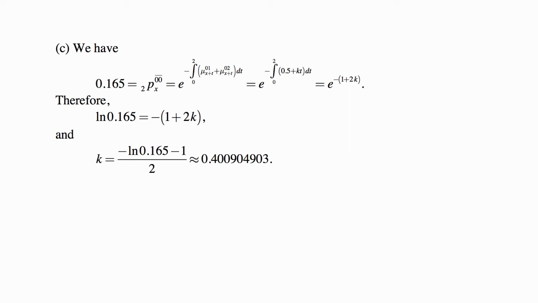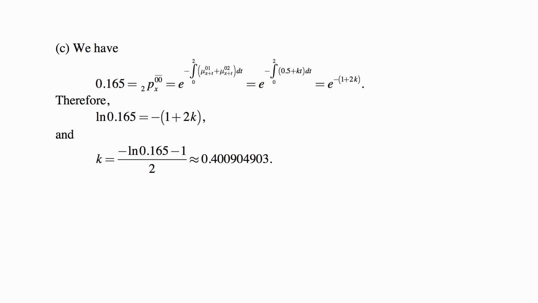So the natural logarithm of 0.165 is equal to minus 1 plus 2k, because when you have an equation in which the unknown, in this case k, is in the exponent, you should start solving it by taking the natural logarithm of both sides. So ln of 0.165 is the left-hand side natural logarithm, and then the natural logarithm of e to the minus 1 plus 2k is just minus 1 plus 2k.